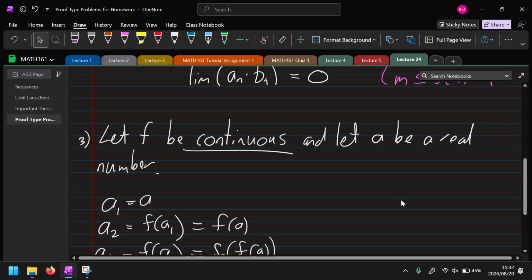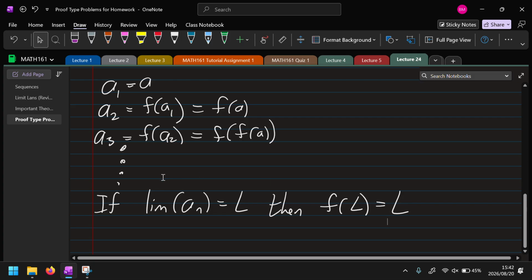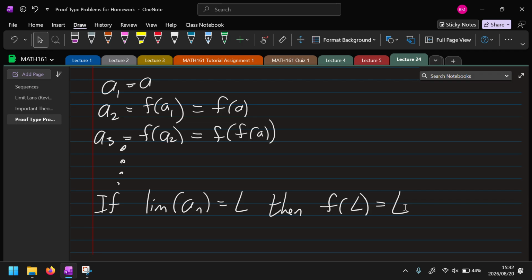But we do know from this proof that f of L is L. Okay, last 3 points for today. What is the hint for this problem? You don't have to give me steps or anything, but there's something that we need to use to get that.